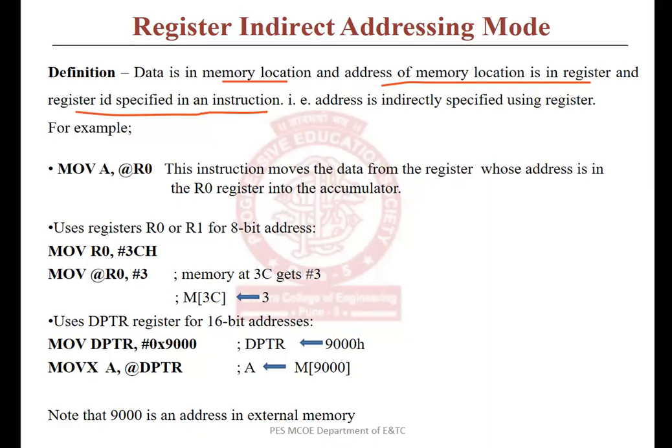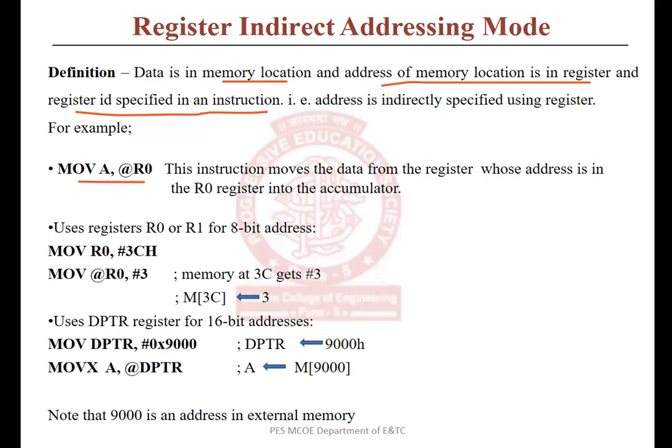What is this instruction? MOV A, @R0. So for indirect addressing mode, the at sign is there, meaning move the contents of a memory location pointed by R0 into the accumulator. This is the meaning of this instruction.